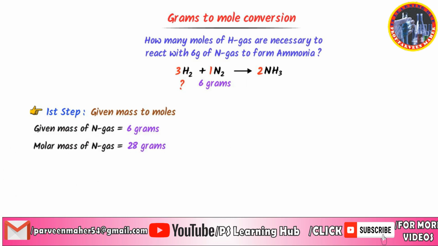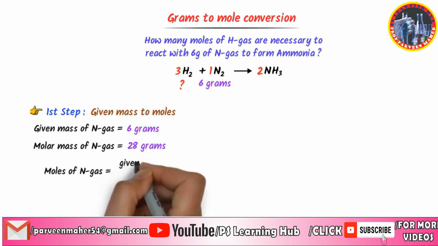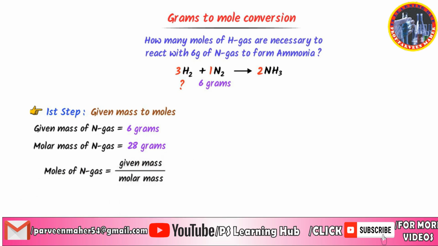Now I will use this formula to find the number of moles of nitrogen gas: given mass upon molar mass. The given mass of nitrogen is 6 grams and the molar mass of nitrogen gas is 28 grams. After calculation, I get 0.23 moles of nitrogen gas. Hence 6 grams or 0.23 moles of nitrogen gas react with x moles.